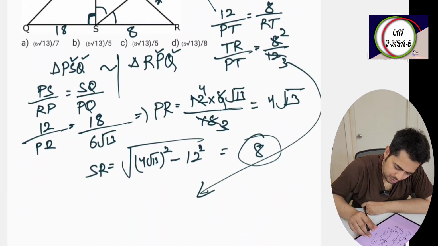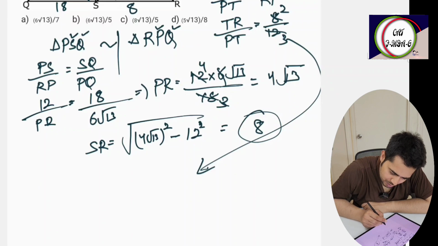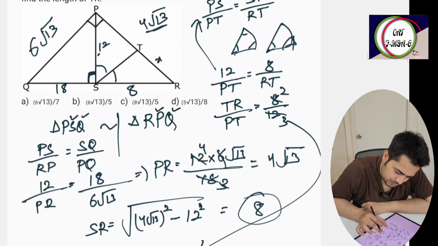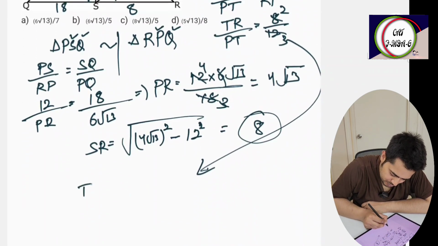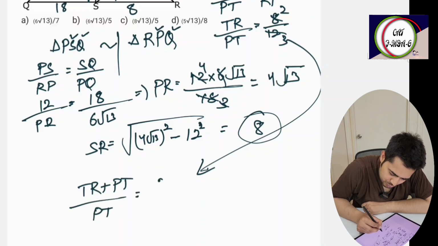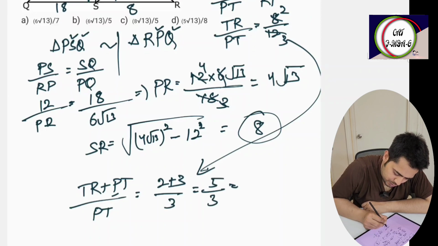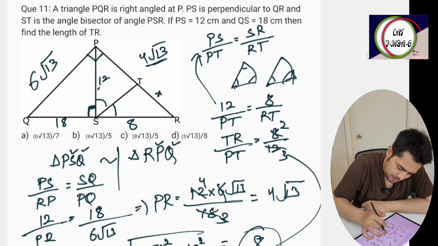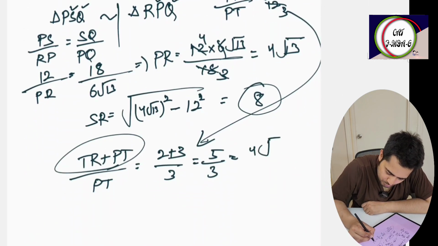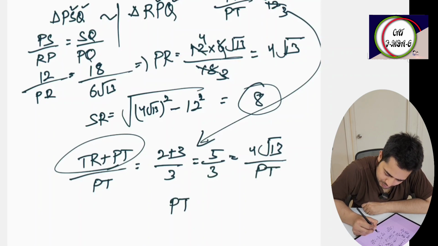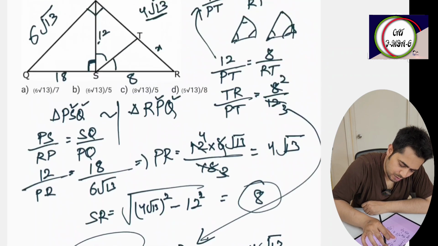Or if you come here, TR plus PT divided by PT is equal to 2 plus 3 by 3, which is 5 by 3. TR plus PT is PR, which is 4 root 13, divided by PT. So that means PT is equal to 3 into 4 root 13 divided by 5.